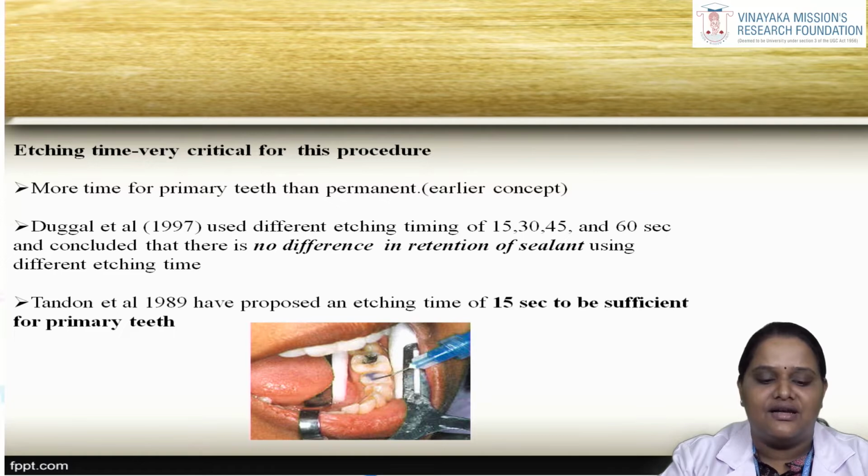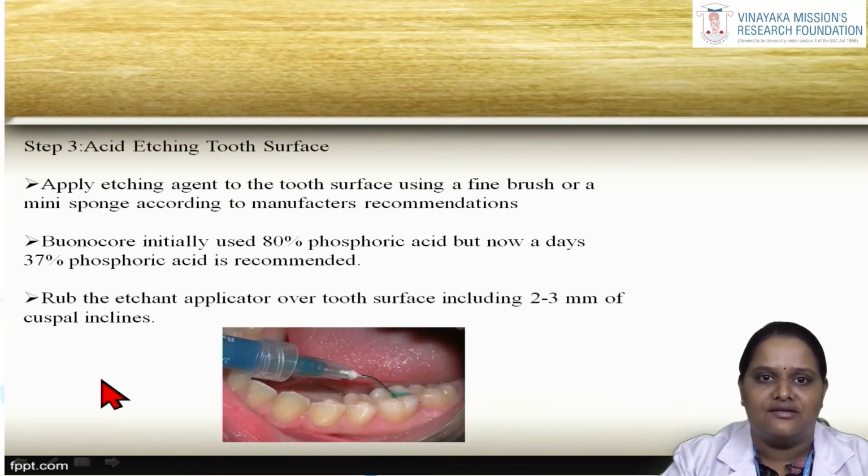So, Tandon et al. again in the year 1989 have proposed an etching time of 15 seconds to be sufficient for primary teeth. And step 3 is acid etching of tooth surfaces.